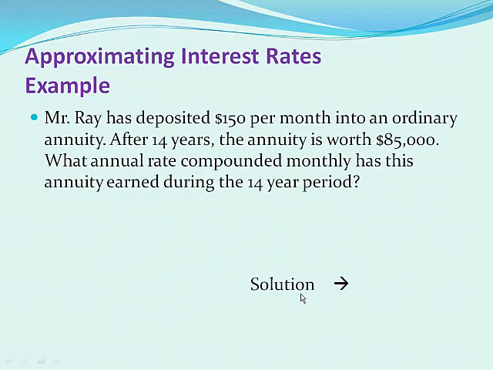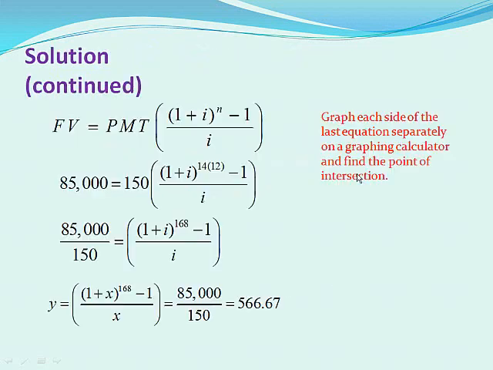Approximating interest rates. Mr. A has deposited $150 per month into an ordinary annuity. After 14 years, the annuity is worth $85,000. What annual rate compounded monthly has this annuity earned during the 14-year period? Again, we work with the annuity formula, substituting the given values.